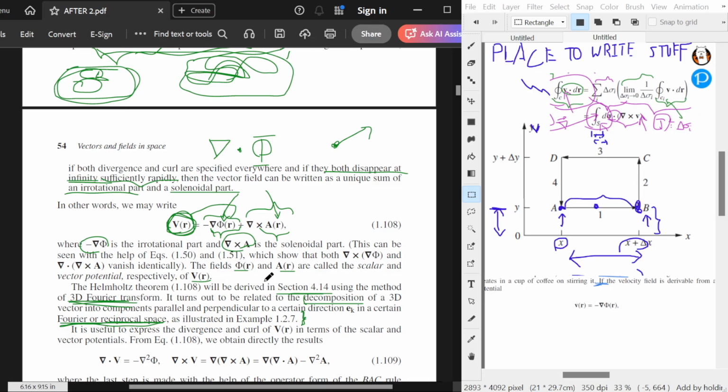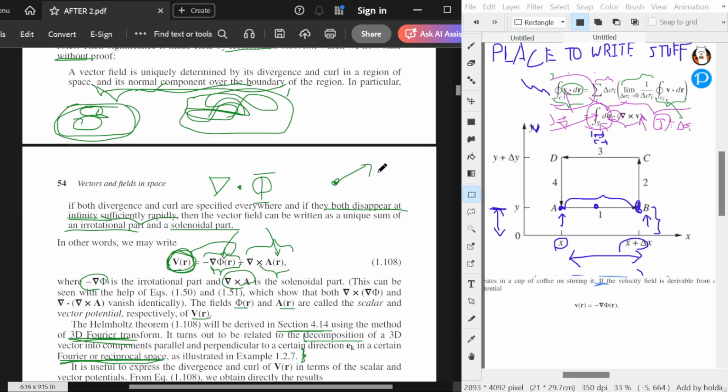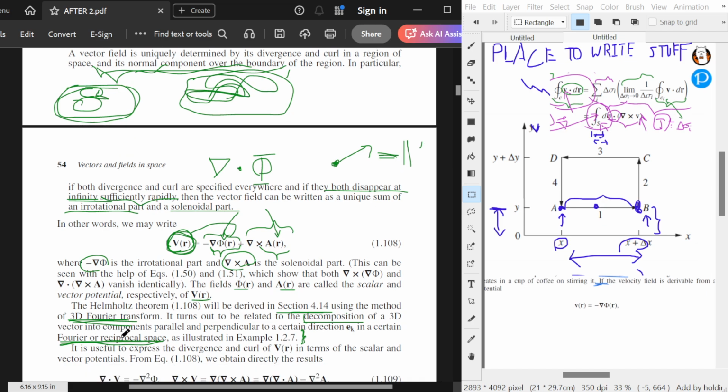It turns out to be related to, so instead of writing this guy in three components, you can write it in two components maybe, a parallel and perpendicular, into parallel and perpendicular to a certain direction.